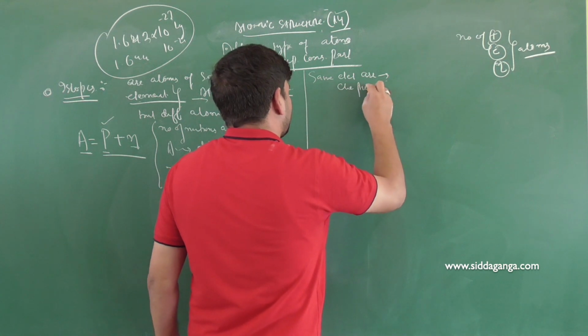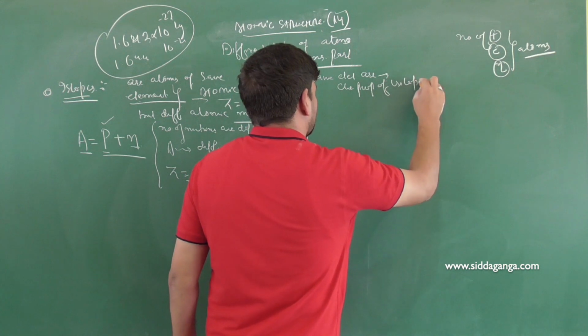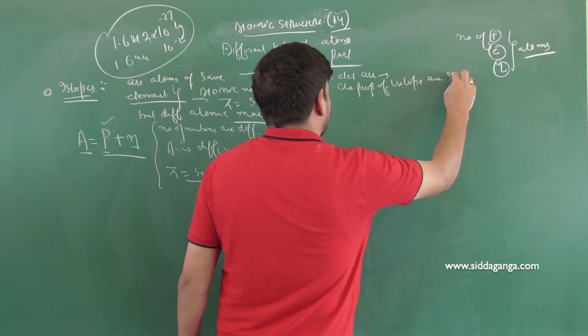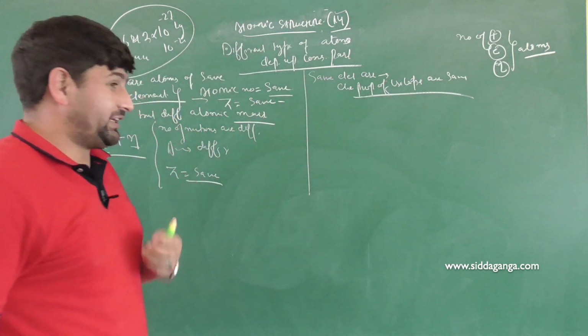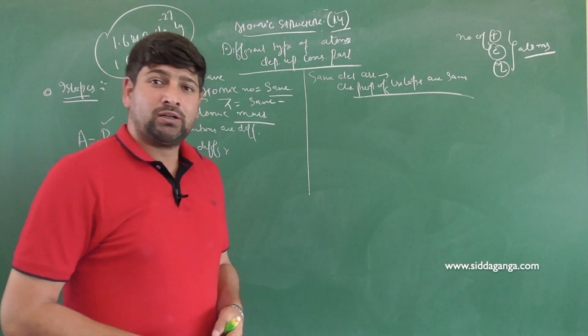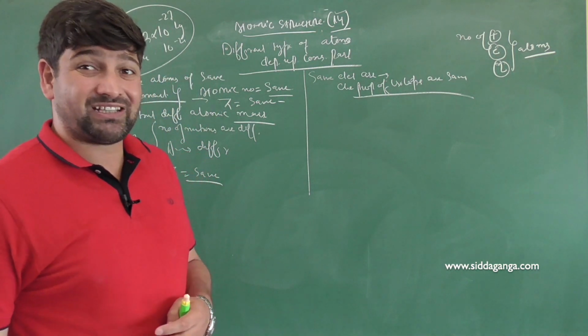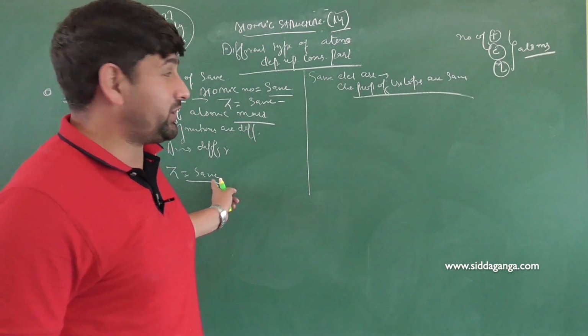chemical properties of isotopes are the same. However, physical properties depend upon the nucleus and the mass as well: density, mass and other properties depend upon the constituent particles present in the nucleus.